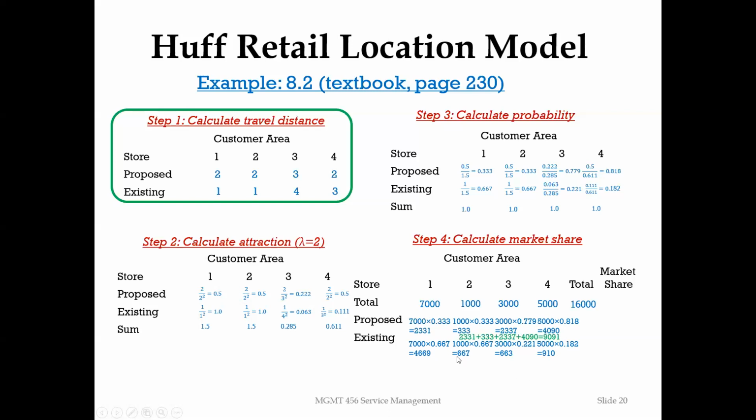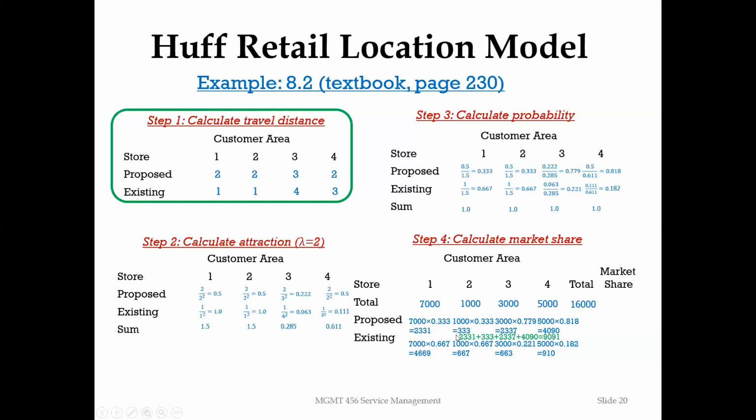So what's the total? So we look at how much money will be spent in the proposed store in each customer area. So you can see from customer area 1, a little over $2,000 will be spent in the proposed store. From customer area 2, a little over $300 will be spent in the proposed store. Customer area 3, $2,337. Customer area 4, $4,090.